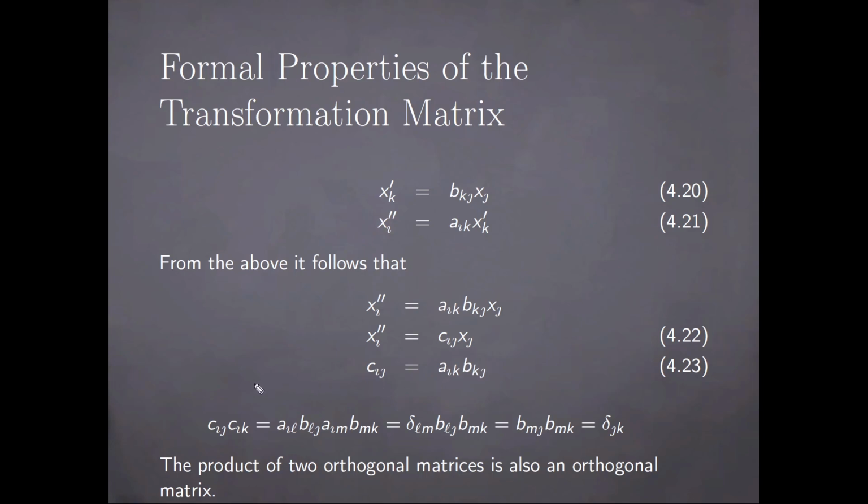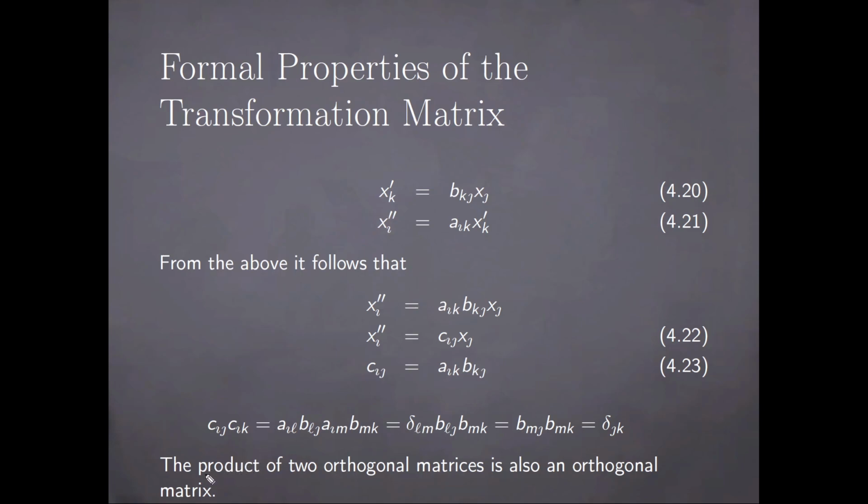And you can check immediately that if you take the sum of these products of the elements of the matrix C, then you immediately contract these sums into a Kronecker delta, which follows from the fact that the transformations A and B themselves are orthogonal.